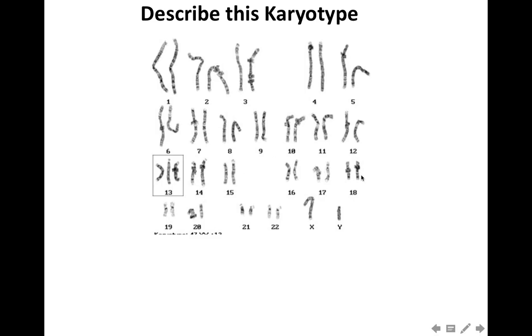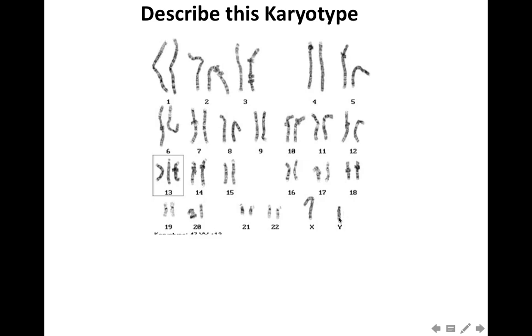Okay, this is another karyotype, and as you can see here, there are pairs of each of the chromosomes in groups 1, 2, A, B, C. In group D, we have 3 copies of chromosome 13, and then the rest of the chromosomes are in pairs, and the sex chromosomes are of a male.